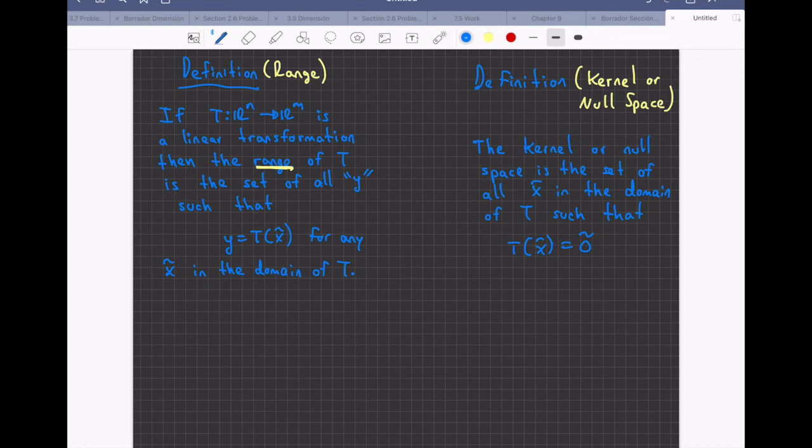So I want you to notice something. The range is a subset of the codomain, Rm in this case. And the kernel or null space is a subset of the domain.